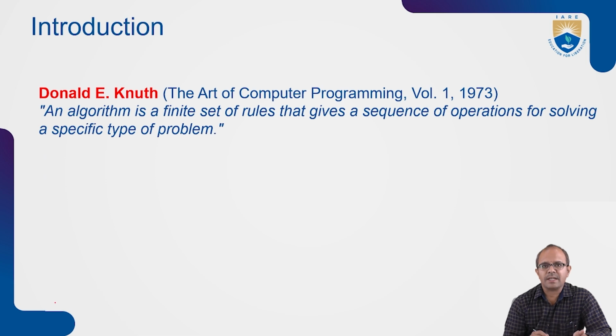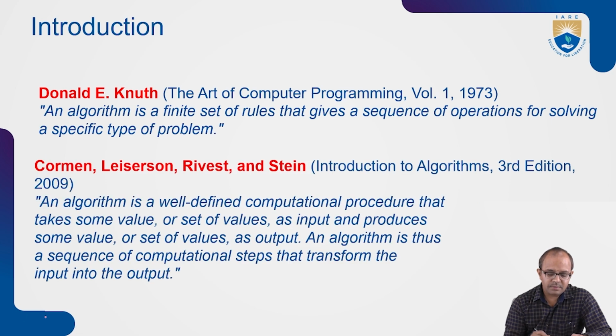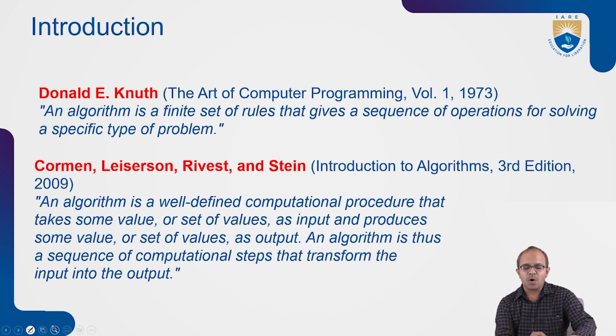This is what we said. An algorithm should consist of a specific set of rules towards solving a specific problem. An algorithm is a well-defined computational procedure that takes some value or set of values as input and produces some value or set of values as output.